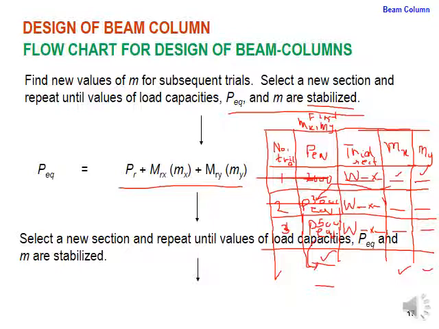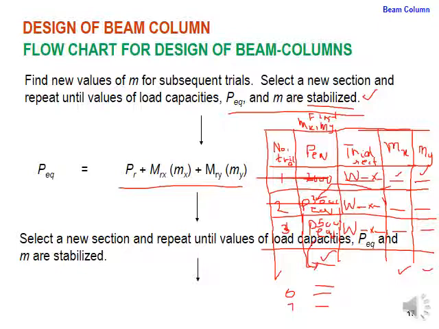Either of Mx, My or P equivalent, anyone, if it is going to be stabilized, meaning the difference between any two consecutive values is very small, then you can say that it will be your final stabilized value for the P equivalent. Okay, so in this way you have to go towards the stabilization. Stabilization means you have to reduce the error between the two consecutive values. So it may be the 6th trial or 7th trial that is going to give you the P equivalent value with a very small difference.